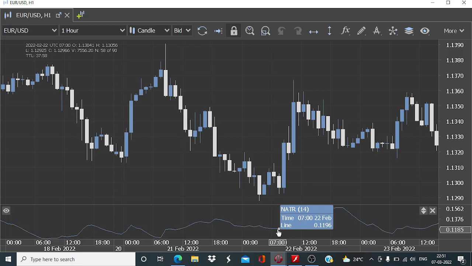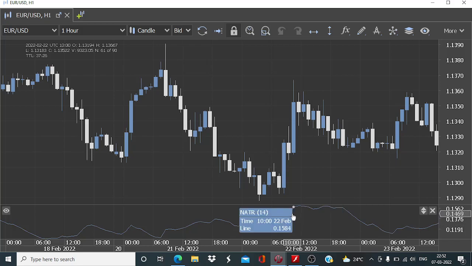So when we see that the NATR output goes up by at the minimum 0.02. So here at the 7 GMT of 22nd of February, we have the line output at 0.1196. So let me check what happens on the 8 GMT. It goes to 0.133. So I think it will not really fulfill the requirement.